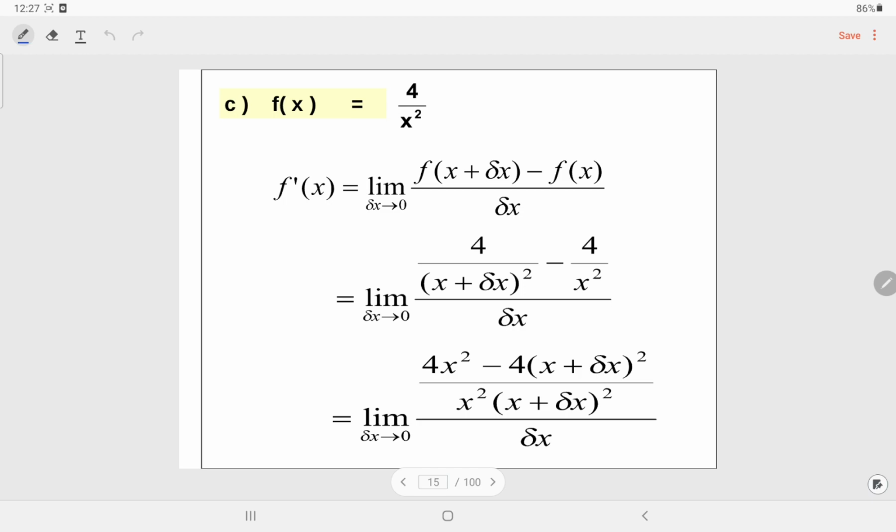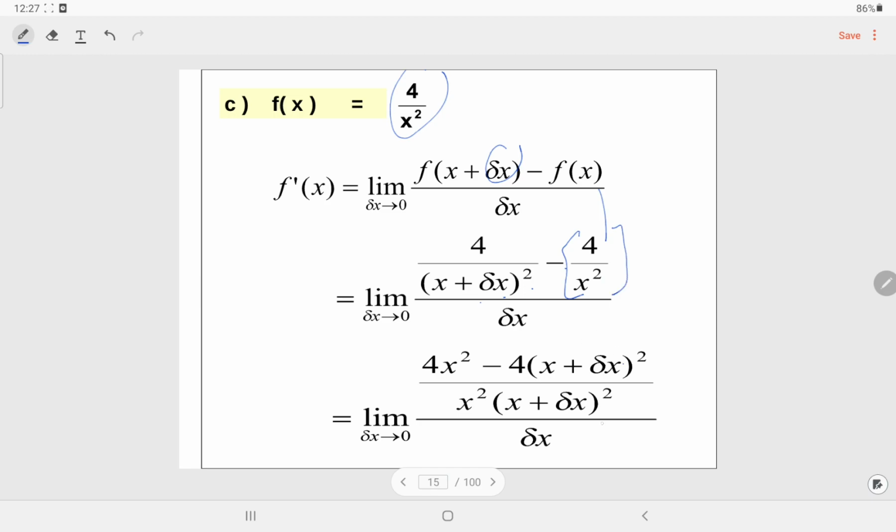The same thing for c, 4 over x squared. By using the formula, the function f(x) must be added with delta x. So 4 over (x plus delta x) squared, minus the function f(x).